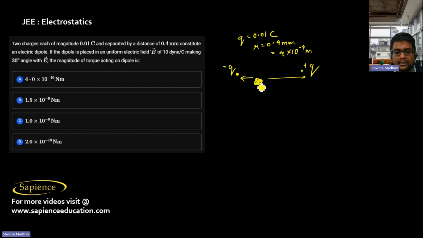So I can take this length as L, suppose. So if the dipole is placed in an electric field of 10 dyne per coulomb, we know that one dyne is equal to 10 power minus 5 Newton.